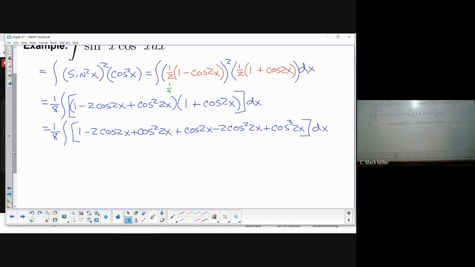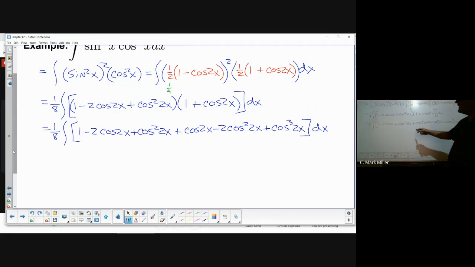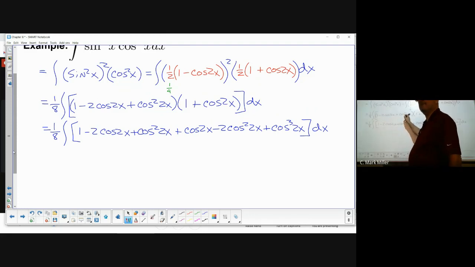Now, you've got to make sure you understand what you're doing, what you're writing here. And you're going to need that second page right there. Big time. I took this binomial, I took the 1, multiplied it by all that in the trinomial. Then I took the cosine 2x and multiplied it by everything in the trinomial. So all of these got an extra cosine 2x on them.